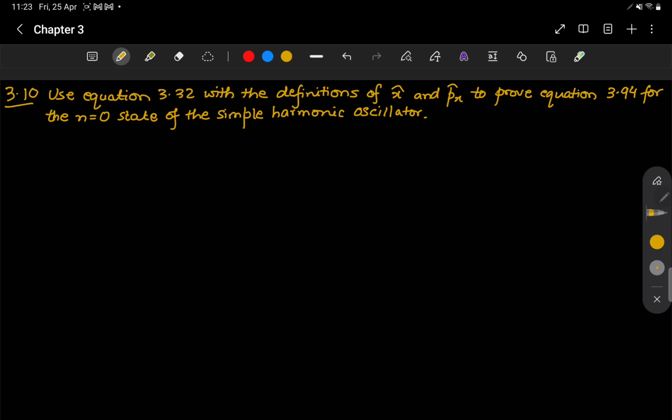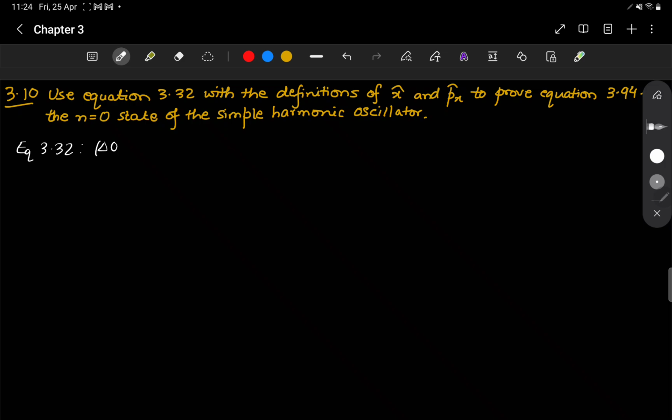So equation 3.32 gives the variance of an operator.